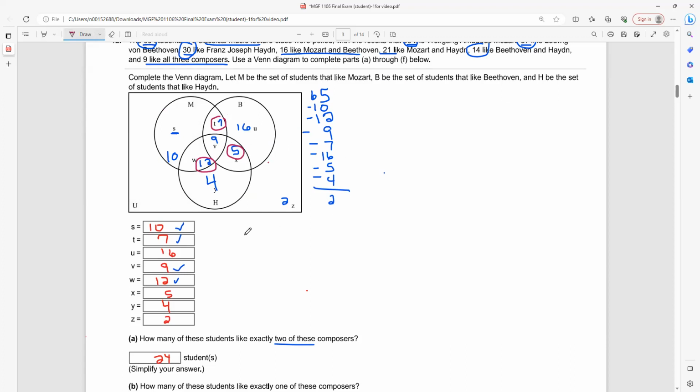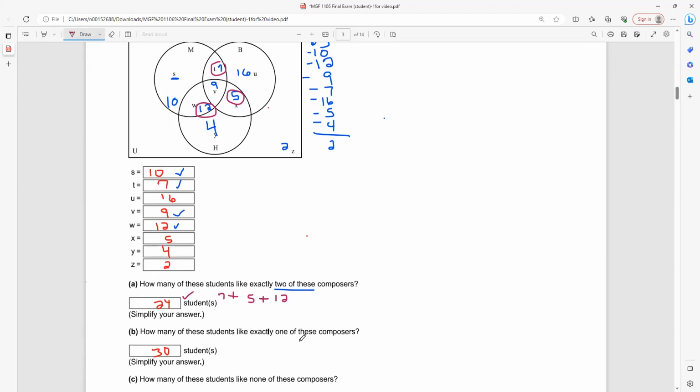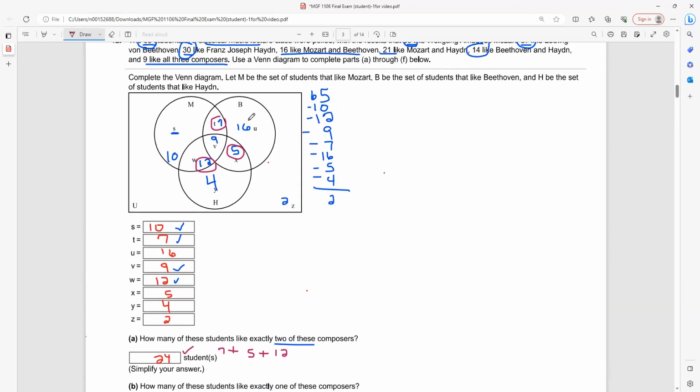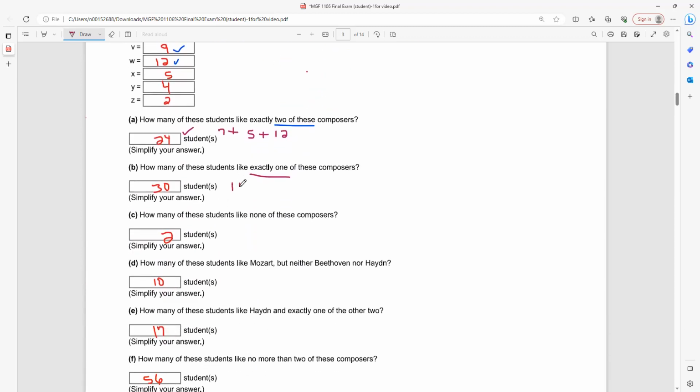So we're going to add those numbers together. 7 plus 5 plus 12, and we get 24. Letter B, how many of the students liked exactly 1 composer? So those would be all of our numbers that are isolated here, letter U, letter S, and letter Y. So we'd add those together, 10 plus 16 plus 4 to get 30.